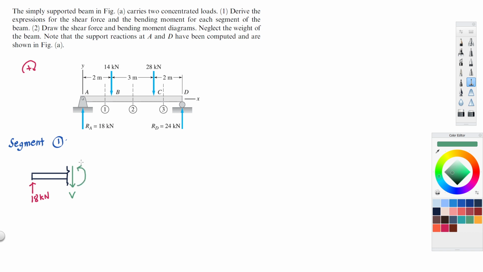Okay? So, pag nag-cut tayo, para hindi nakakalito ang shear equation at maging magkamukha-mukha tayo, lagi nating kukunin yung nasa left side. And then, hindi kasi natin alam yung location na yun. Sabi natin, anywhere between points A and B. So, from 0 to 2 meters, hindi natin alam yon. So, we will denote that as our x.